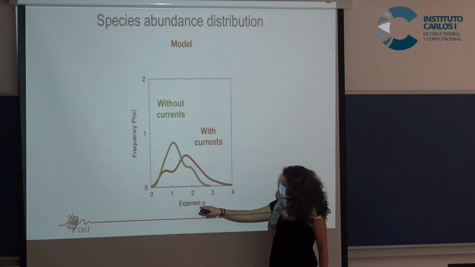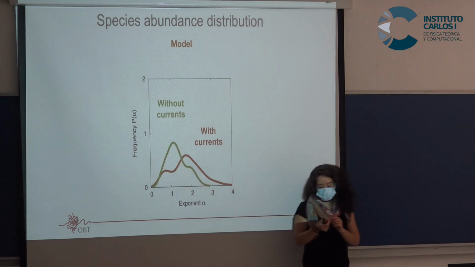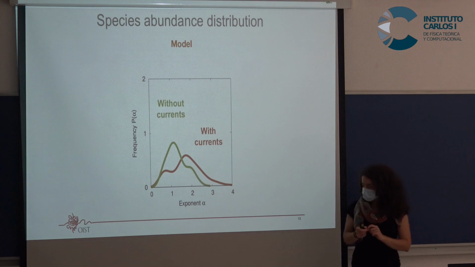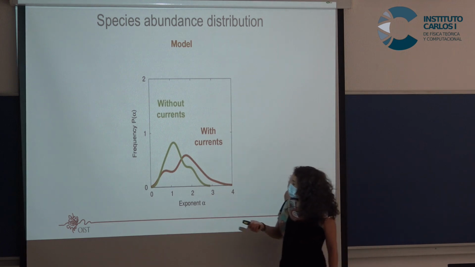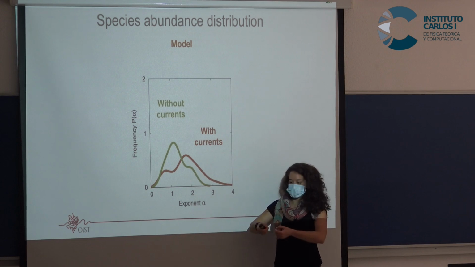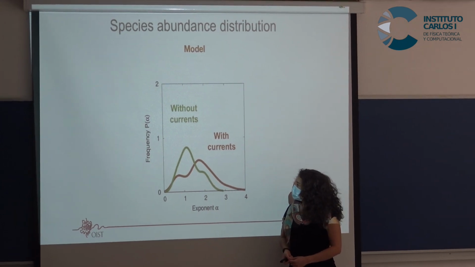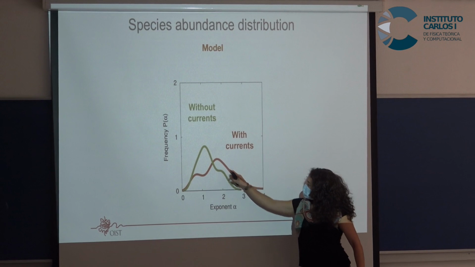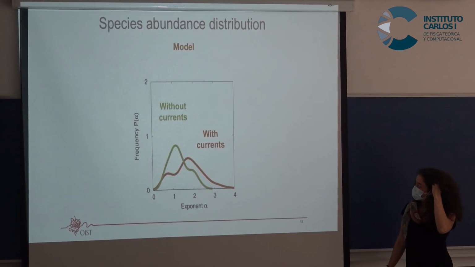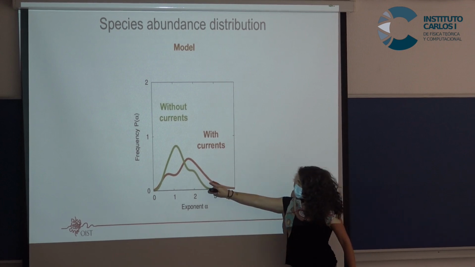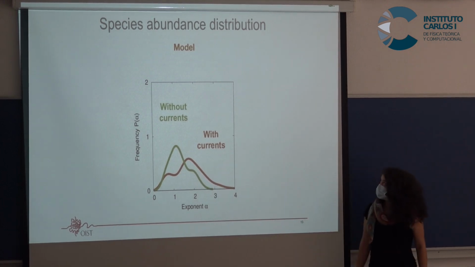The difference in this exponent alpha is very, very big, and implies a lot of differences. So you see that there is a different distribution without currents and with currents. The exponent is higher with currents.